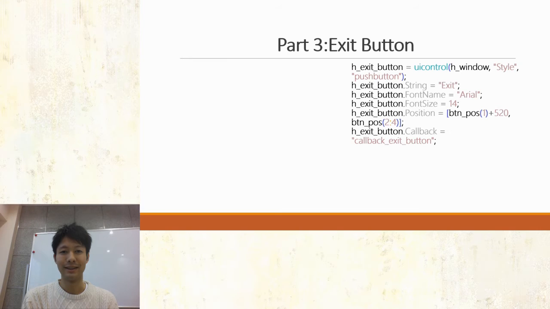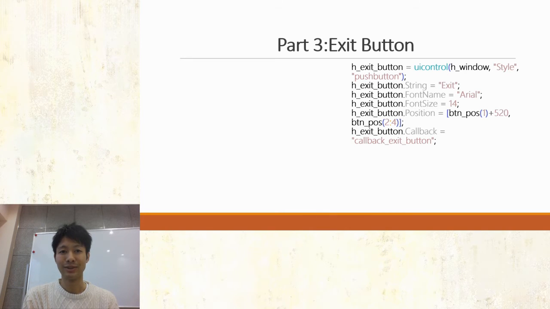And we determined string, font name, font size, and position. In addition, we used a callback function, this one, to clarify what to perform and named it callback exit button.